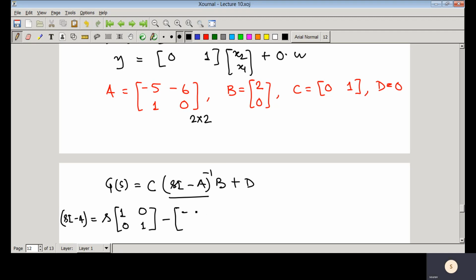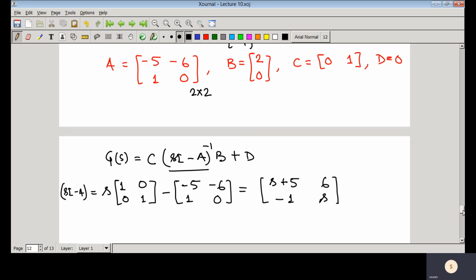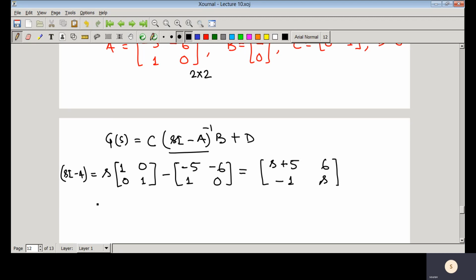So A matrix is [-5, -6; 1, 0]. So that is s plus 5, 6, -1, and here you have s. Then if you take the inverse of this matrix, that is (sI minus A) inverse, you have the determinant.